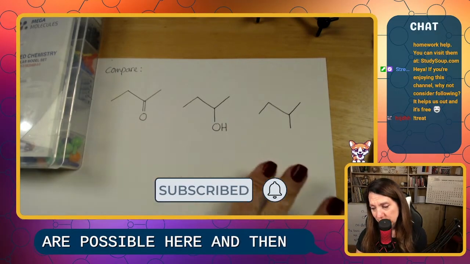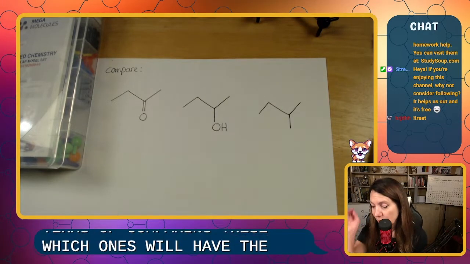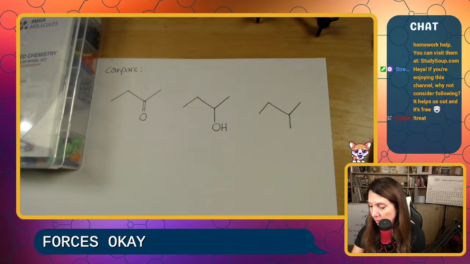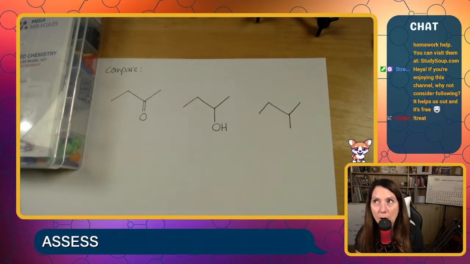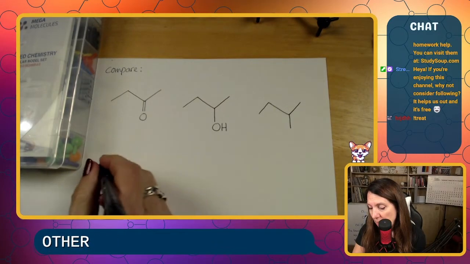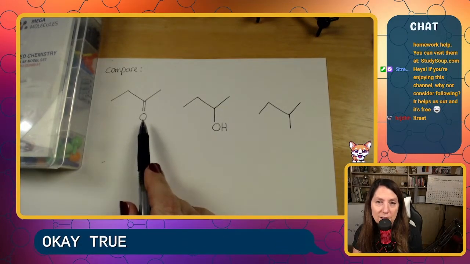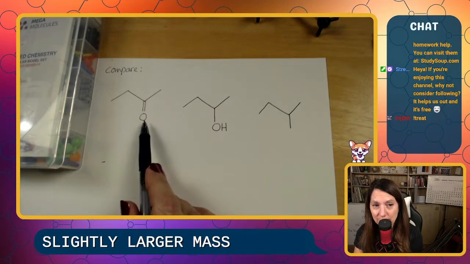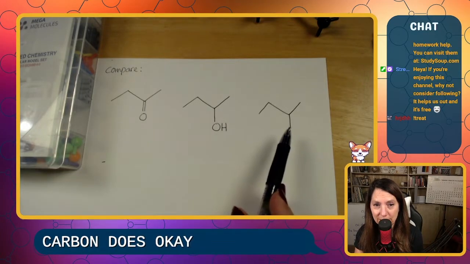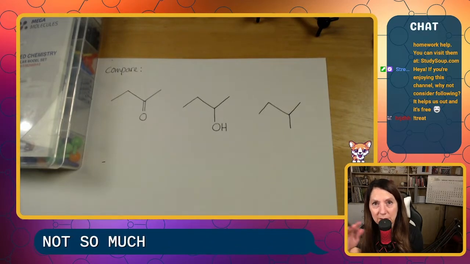And then what we want to look at, in terms of comparing these, is which ones will have the strongest intermolecular forces. First we can assess, are the molecular weights similar to each other? Yes, they are. True, oxygen has a slightly larger mass than a carbon does, but it's not so much that it would explain everything.